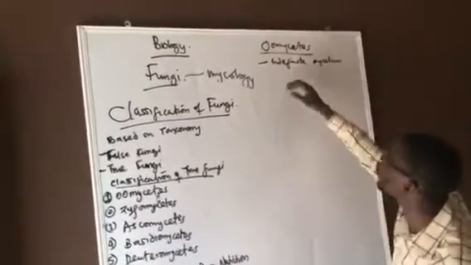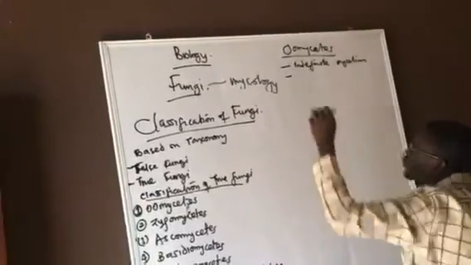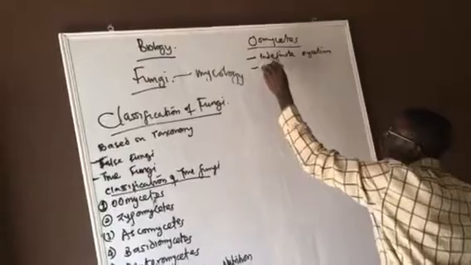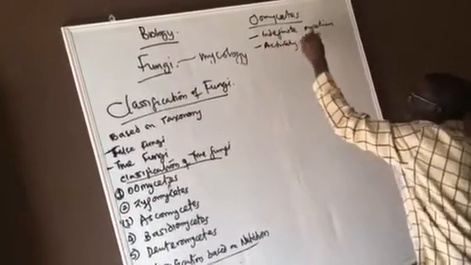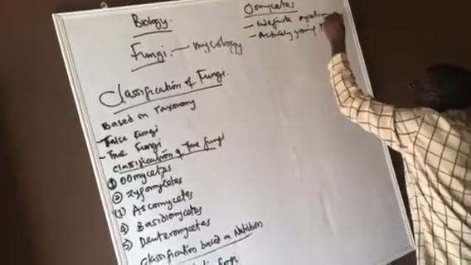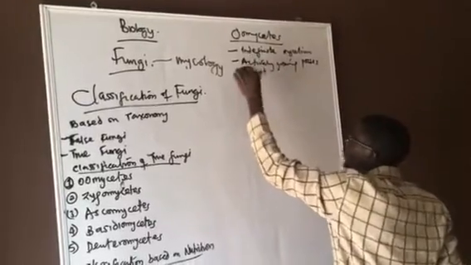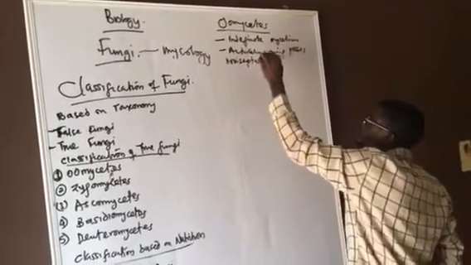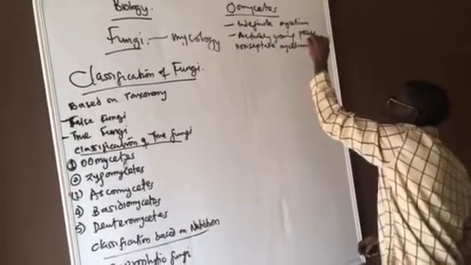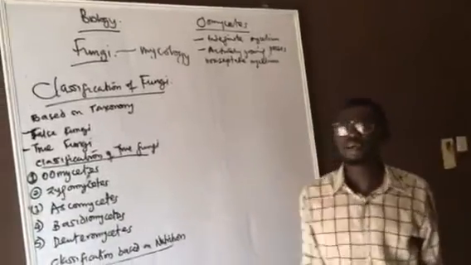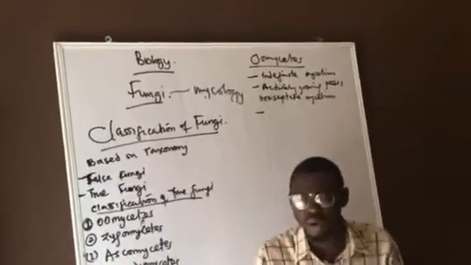But with Oomycetes, when they are young and actively growing, they have aseptate mycelium, or non-septate mycelium. But when they get to the reproductive stage, the septa develop.